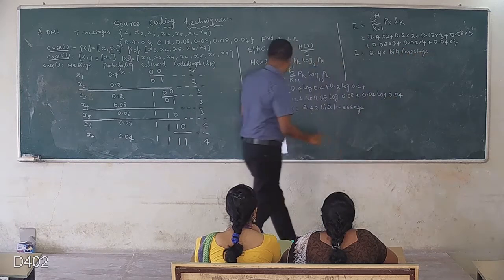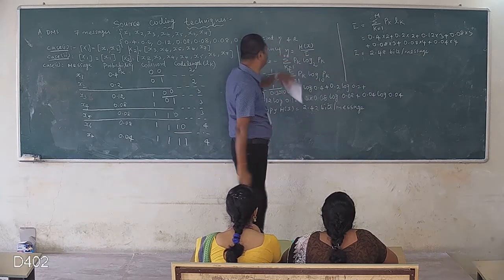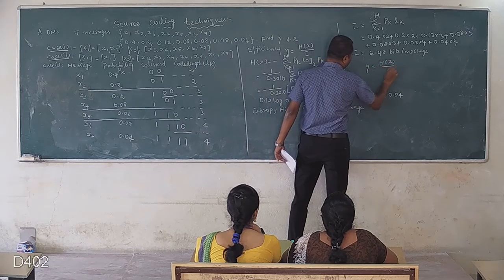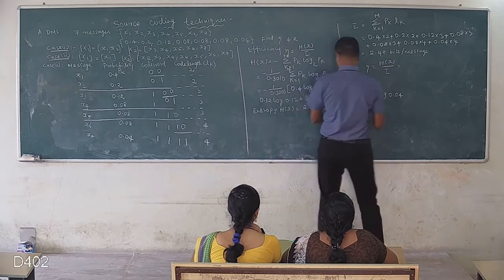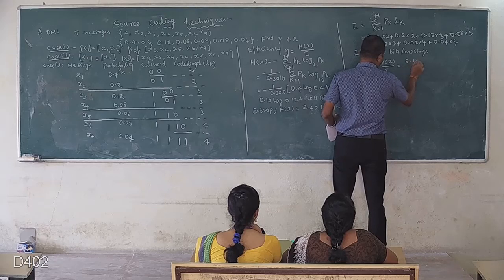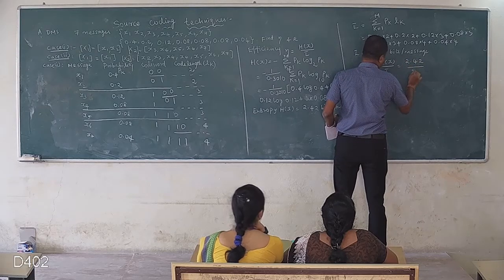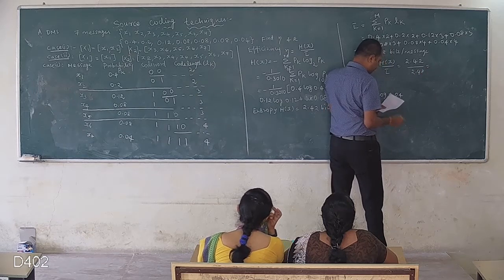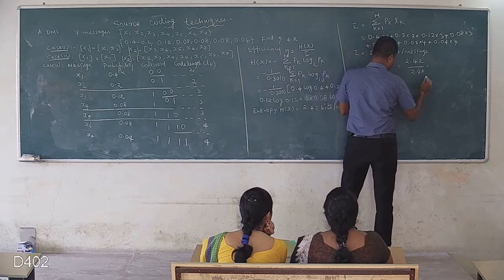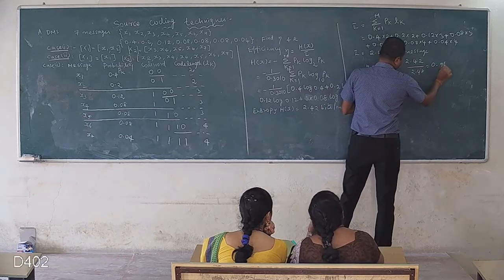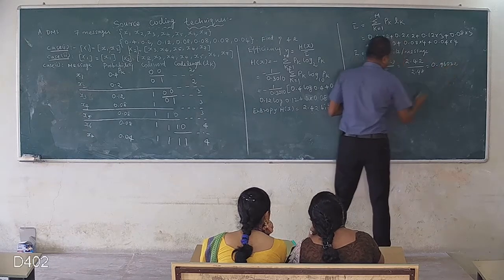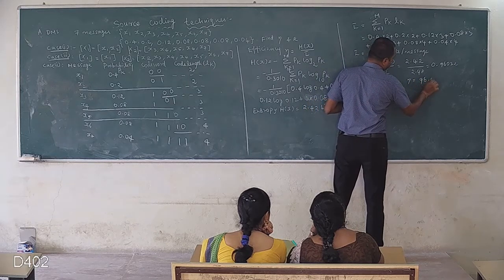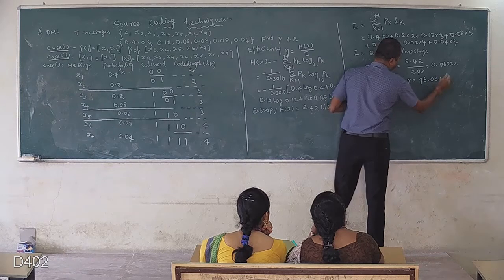Now we know H of x, we know L bar, so we are in a position to find efficiency eta. Eta is equal to H of x by L bar, that is 2.42 divided by 2.48. It will give you the value 0.96032. In terms of percentage, it will be 96.032 percent.